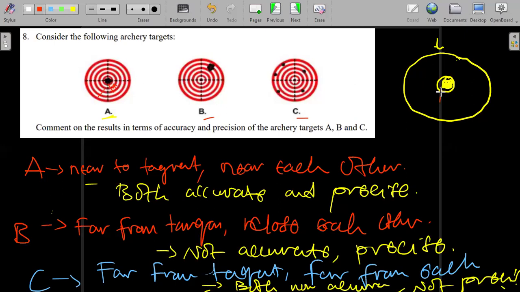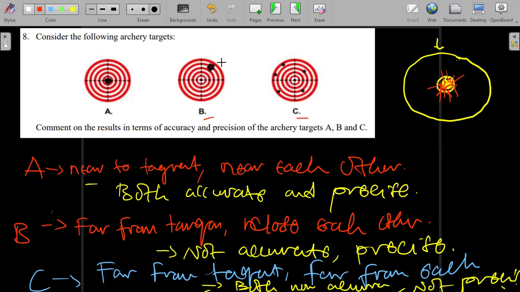No wonder you can see this dark thing here. Those are darts that are being thrown at this target. If all your darts are going at the same point like that, we say they are accurate because they are at the same place where the target is, and they are also precise since all these darts are at the same point.